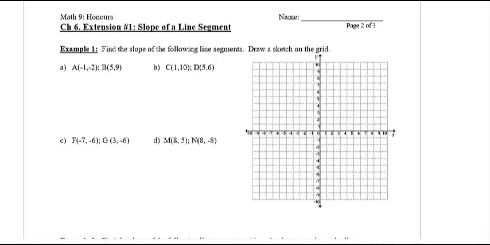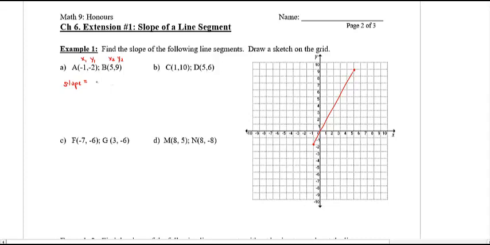Okay, so A is negative 1, comma negative 2, that's down here. B is 5, comma 9, way up here. But if I wanted the idea of the slope formula, remember, we better actually label these: x sub 1, y sub 1, x sub 2, y sub 2.